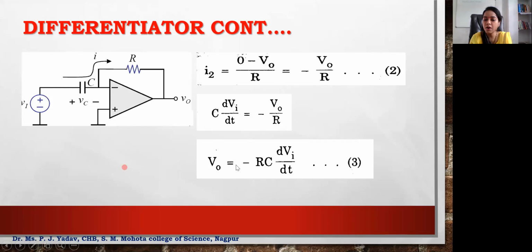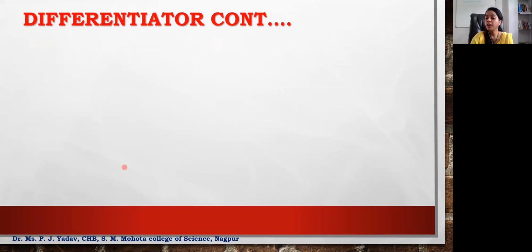We will have V out equal to minus RC dVi by dt. What is this? RC is a constant value. And at the output, what we will have? The differentiation of the input voltage. Okay. So this is how we can have a differentiator by using an operational amplifier.